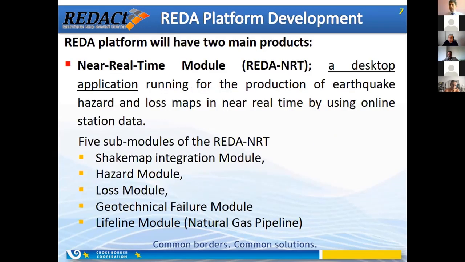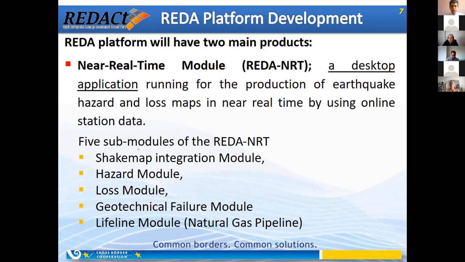Then the REDA platform will have two main products. One is the near real-time model, which will be a desktop application running for the production of earthquake hazard and loss maps in near real time by using online station data.